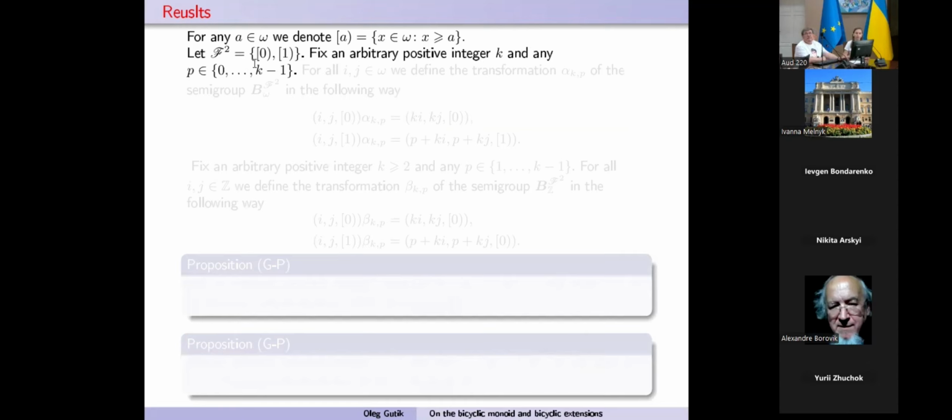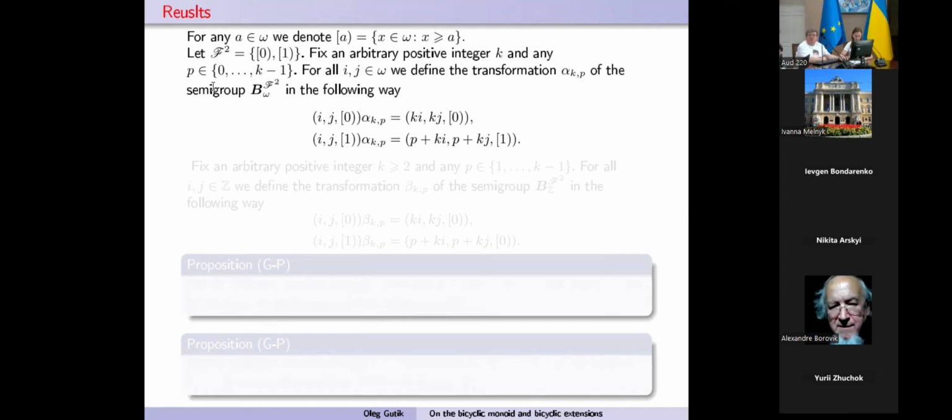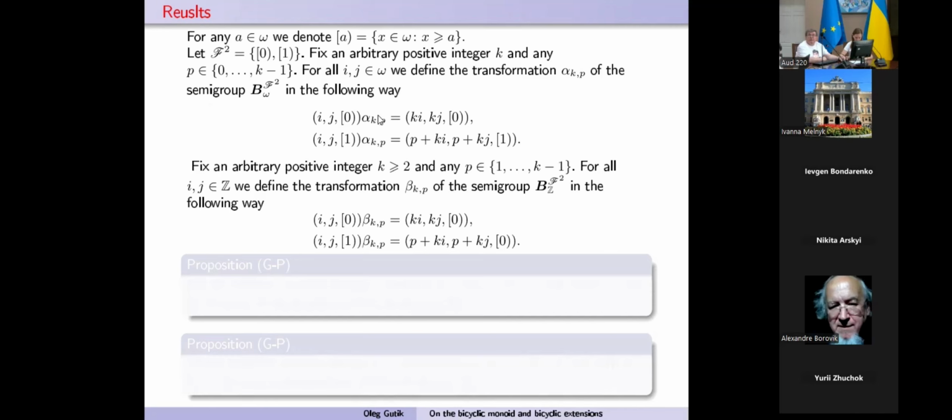And we start to describe endomorphisms of the semigroup B omega F. We proved that there are two such endomorphisms, given by two formulas: alpha and the second, beta.